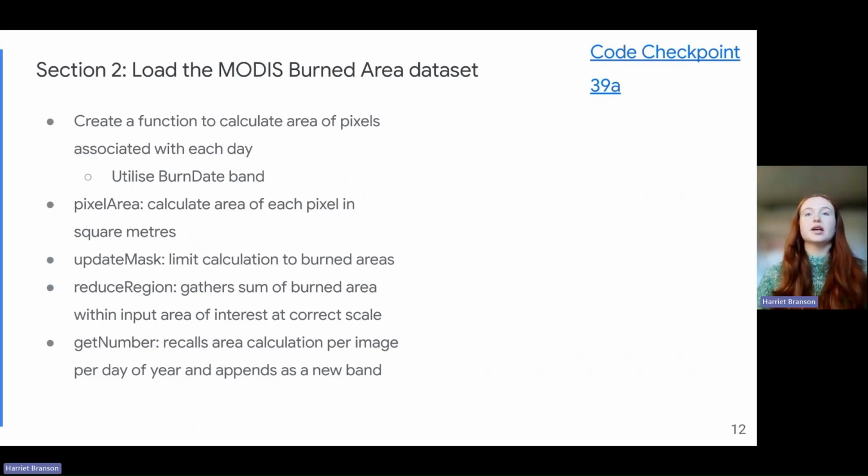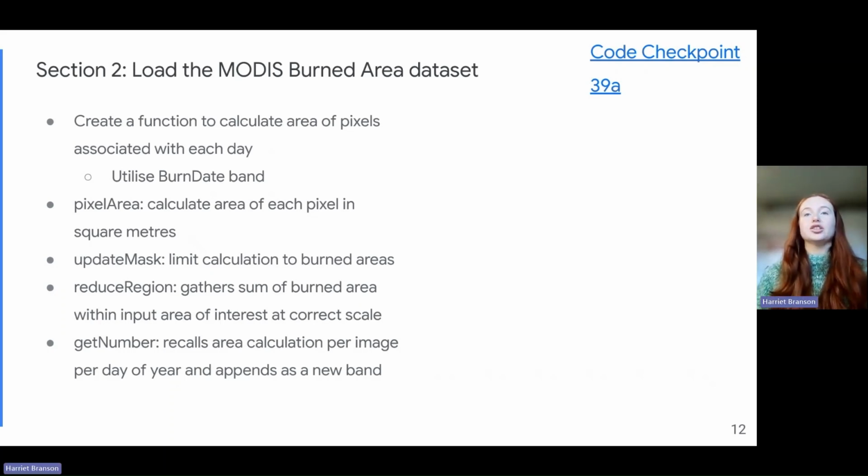Once we have this, we can create a function that will calculate the area of pixels associated with each day. The function is structured so it will map over each image in the MODIS burn date image collection. It begins by using the command pixel area, which calculates the area of each pixel in square meters.